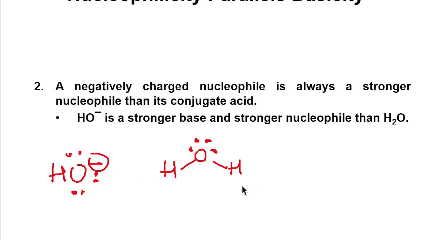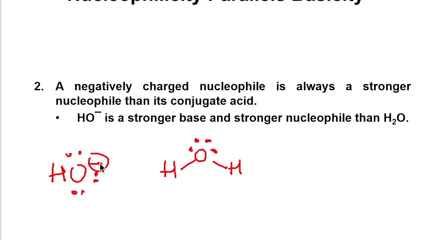If we talk about which one of these two is more ready to go and attack, remember that a species that is negatively charged is more ready to go and attack because it is more unstable. Because this O minus is more unstable than the water that is pretty stable, this will be a stronger base. And because this will be the stronger base, it will also be a stronger nucleophile.